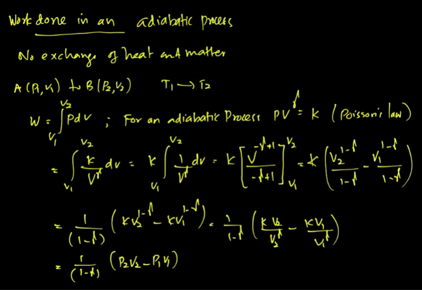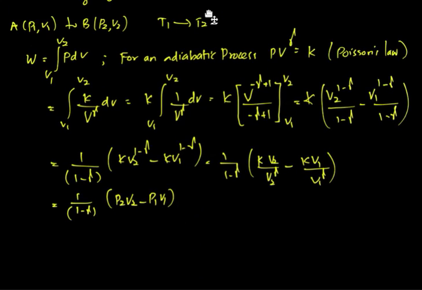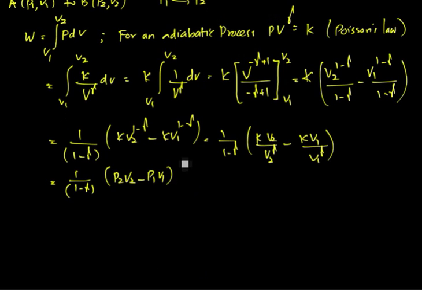Or this equation can be written like this. We can take a minus sign from here or multiply throughout by a minus, and we will get 1 divided by gamma minus 1 into P1 V1 minus P2 V2. This is the expression for the work done during an adiabatic process.